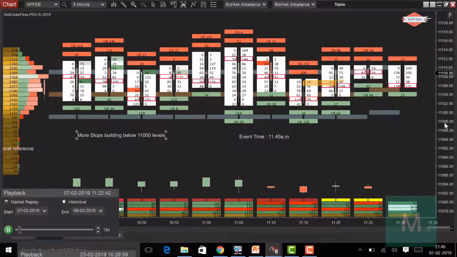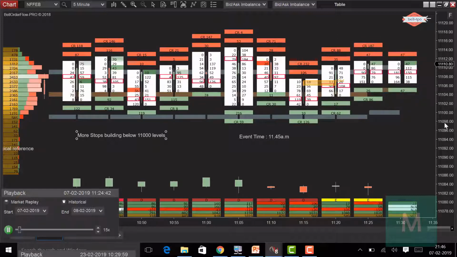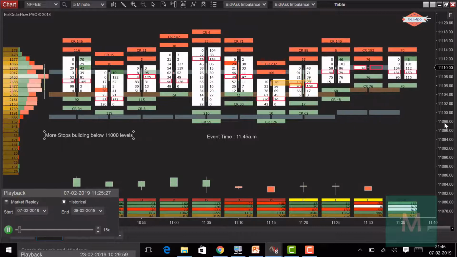You can see that there is no absorption, there is no momentum inside those candles. Low volumes, only traders are struggling there, and most of them are having stops on the downside. And 11:25, another 20 minutes or so.